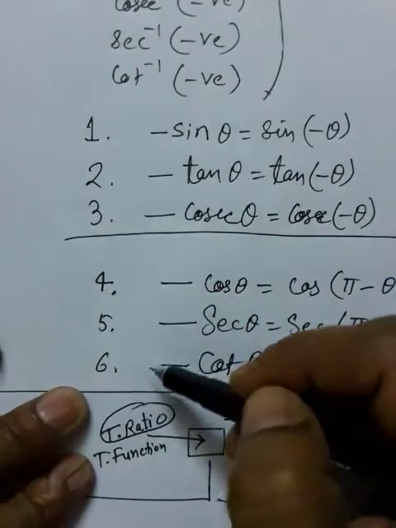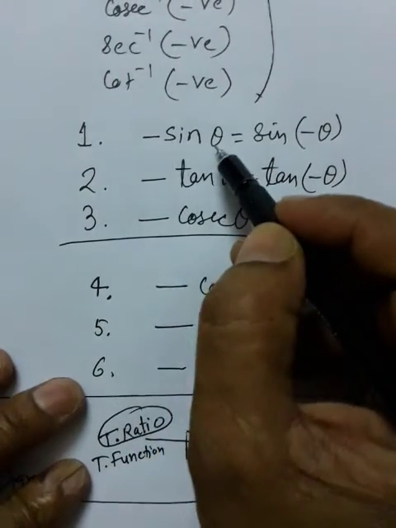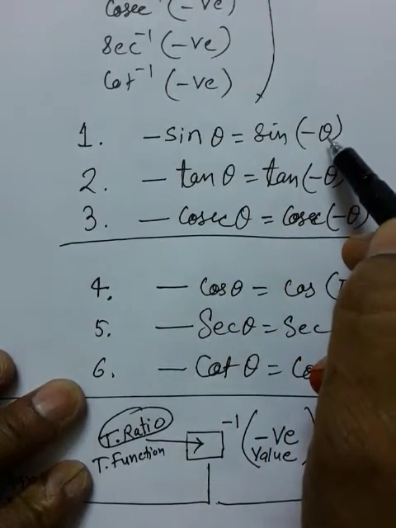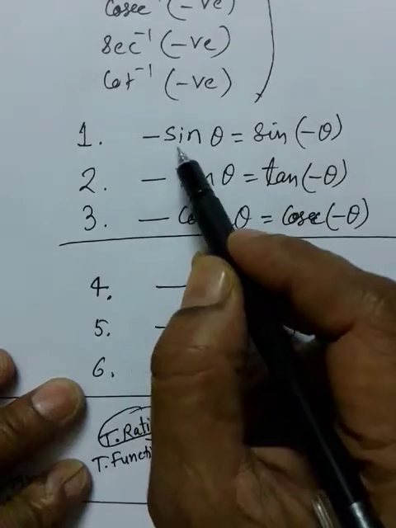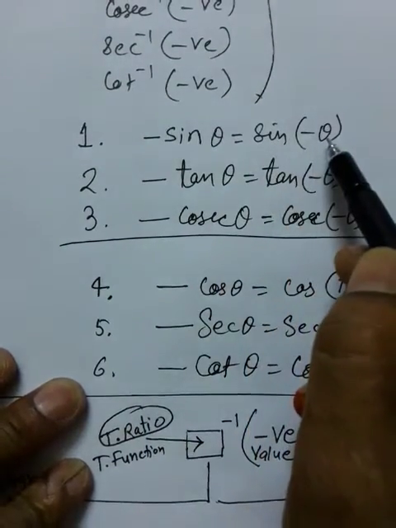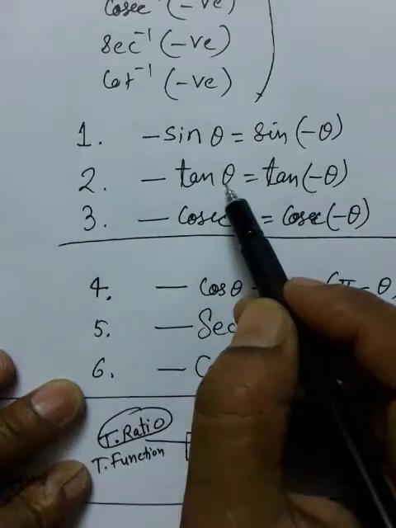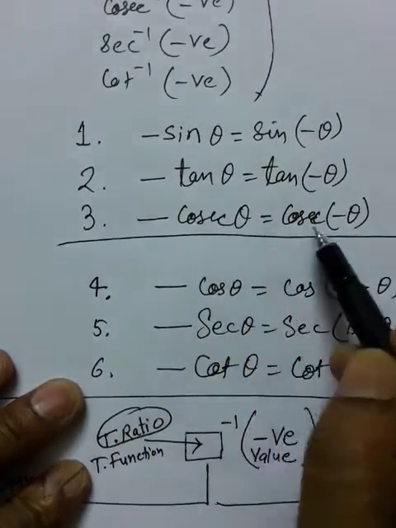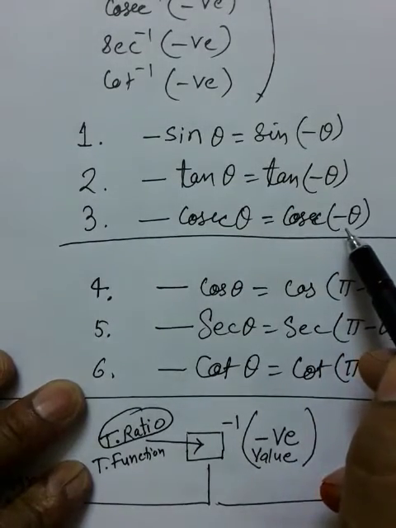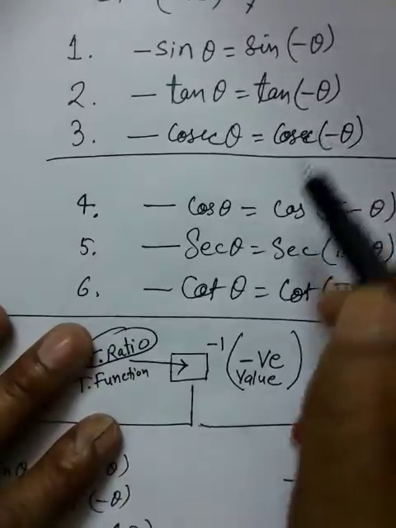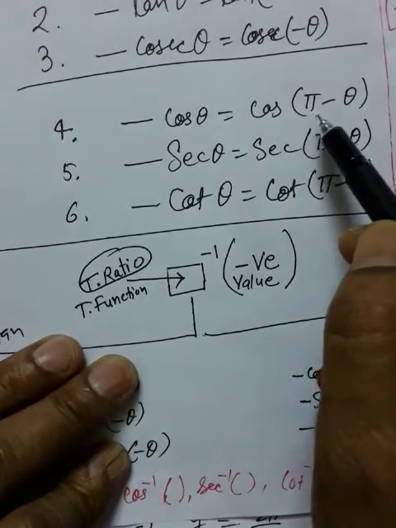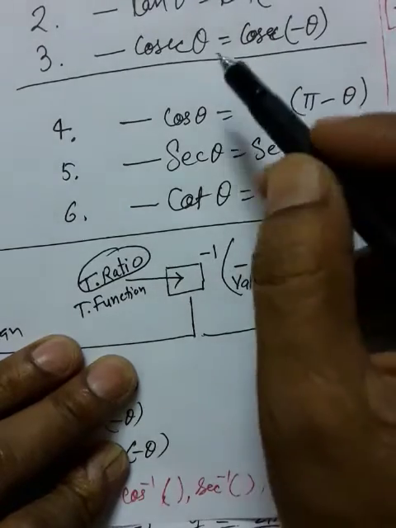So what are these 6 things? If it is minus sine theta, then put sine minus theta. If you get minus tan theta, write tan minus theta. If you get minus cosec theta, write cosec minus theta. But if you get minus cos theta, then you have to put cos pi minus theta. Remember these things and keep them handy.